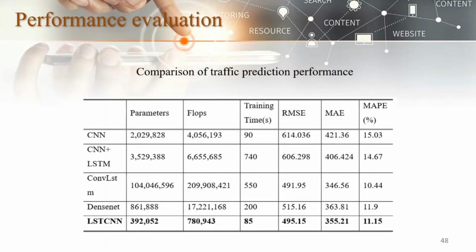But the architecture of residual neural network requires a lot of parameters, which means that it is difficult to achieve real-time training. In order to predict the traffic of massive base stations at the same time, we consider spatial temporal features and design a lightweight model.